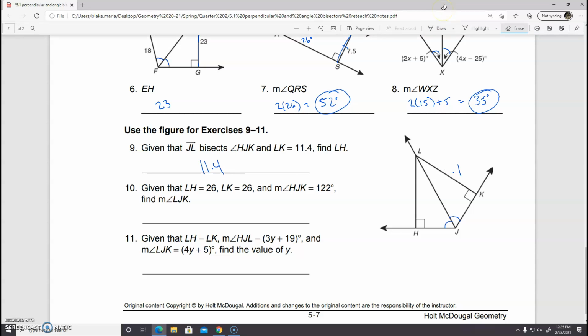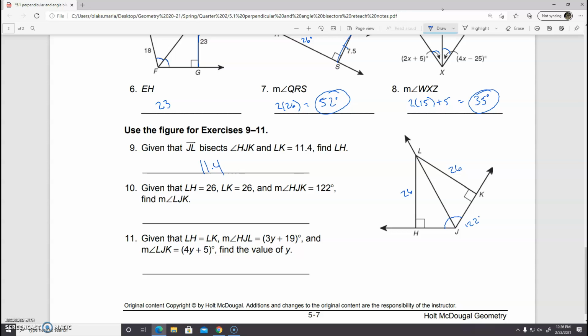Now I'm going to erase. You're going to do the same thing in your work today. And then you're going to treat this as a new problem. So LH is 26. LK is 26. HJK is 122.